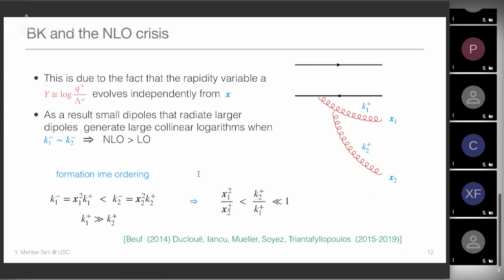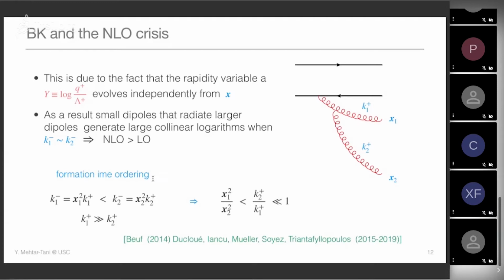You can live with this, but the problem is that because you have large logarithms, there is some possibility that the next to leading order may be larger than the leading order, in which case you have to resum such a contribution. Another way of looking at this problem is through the formation time.